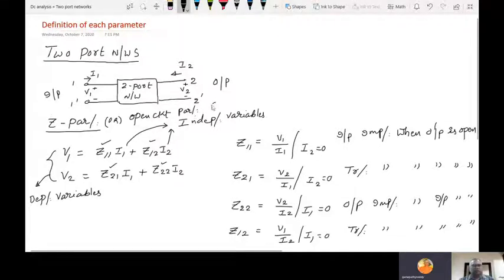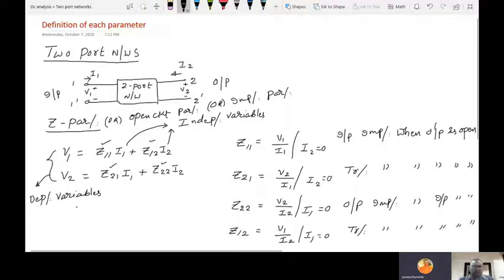There is also another name, impedance parameters. So Z is an impedance, right? Why is notation Z used? Voltage by current is an impedance, so Z is used. That's why it is also named impedance parameters.